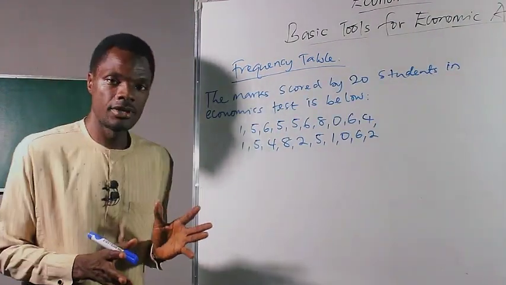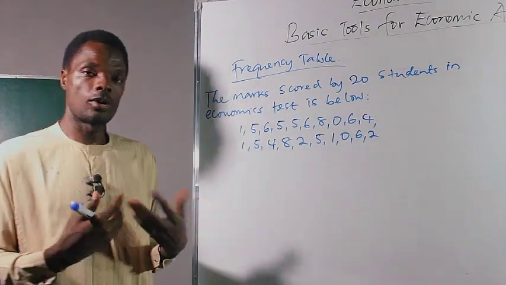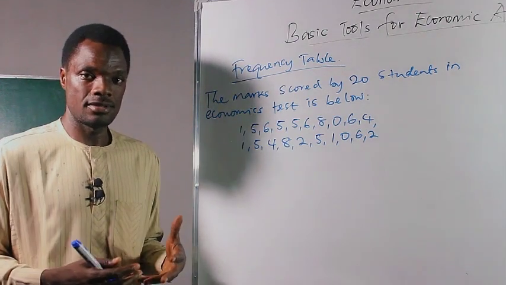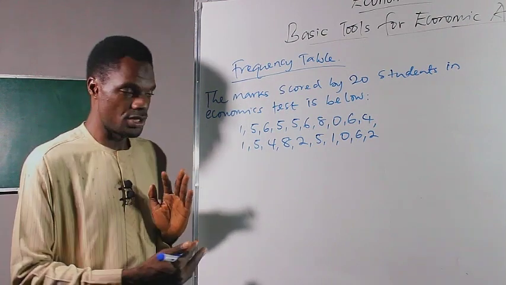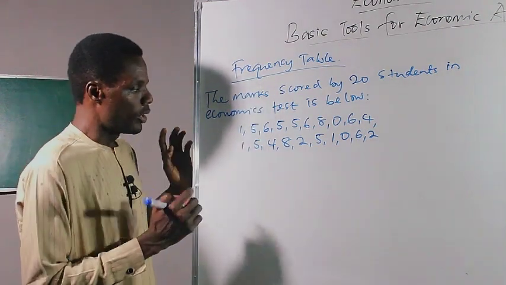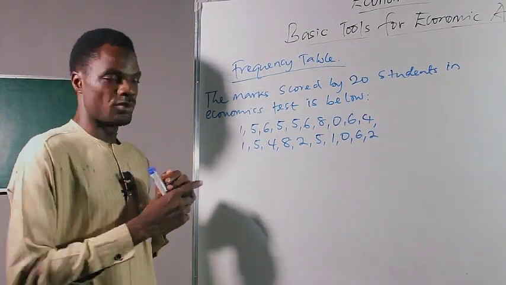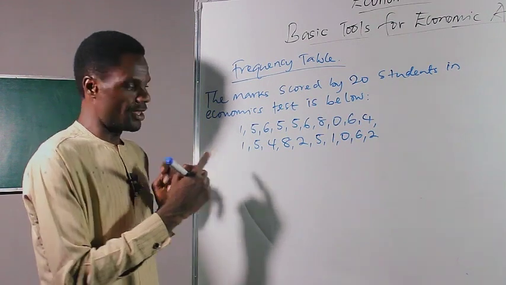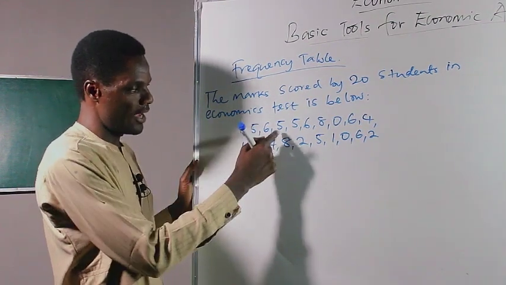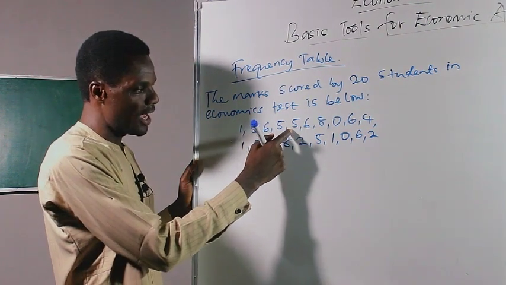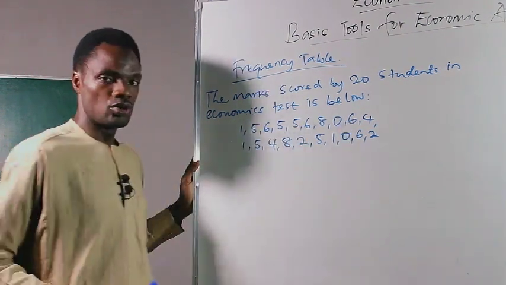Suppose we have information about the conduct of economics tests on 20 students, and this is the result that we have derived from the activity. Now, the first student that was recorded scored 1. The second one scored 5. The third one scored 6. The fourth one scored 5. Another one scored 5, up to the last one that scored 2.